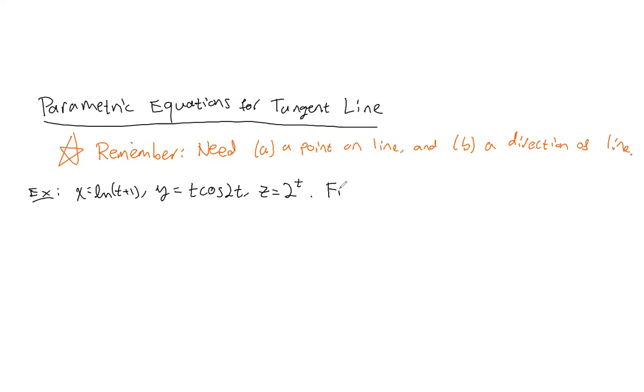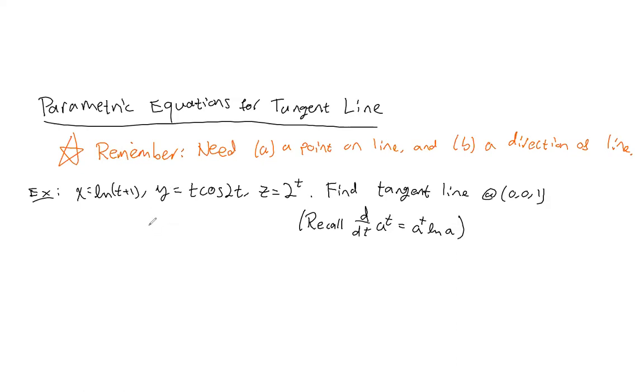And we want to find the tangent line at the point 0, 0, 1. By the way, as a reminder, if you take the derivative of an exponential where the base is not e, so say you take the derivative of a to the t, that's just a to the t times the natural log of a. So we can use that for this problem. We're going to have to use that for this problem.